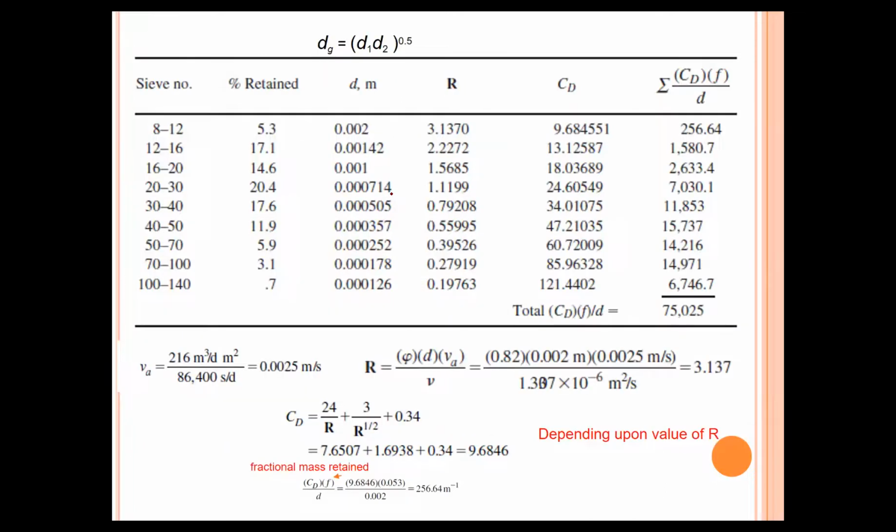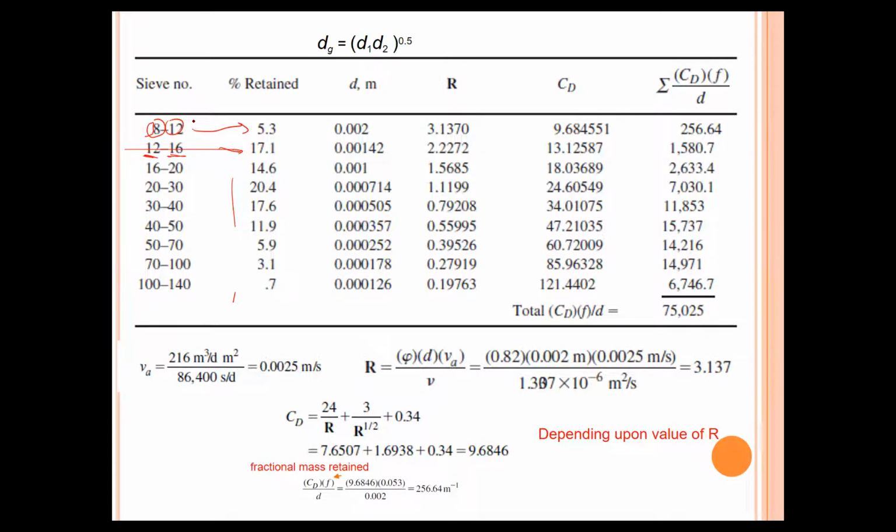In the previous example, they use sieve number 8 and 12, which retain 5.3% as sieve number 12, and in between sieve number 12 and 16, 17.1% particles are retained, and so on. So this information is given.